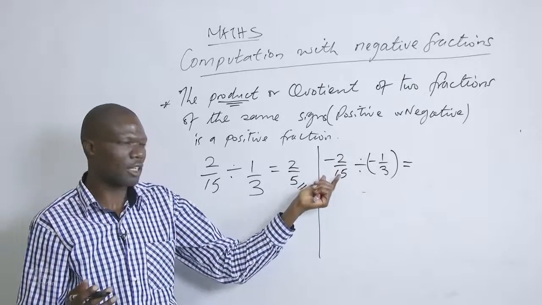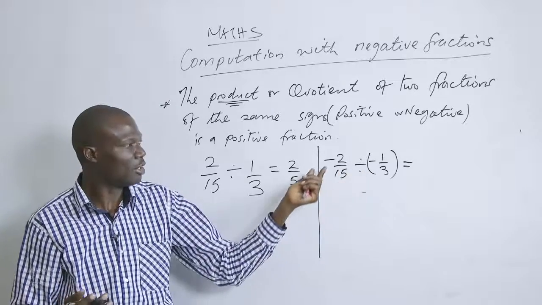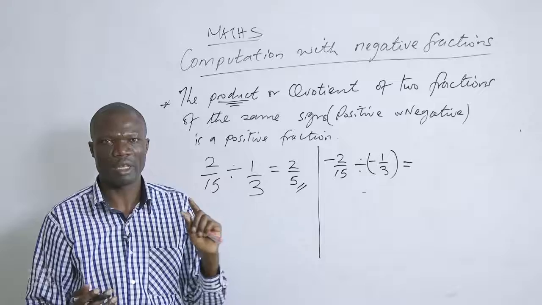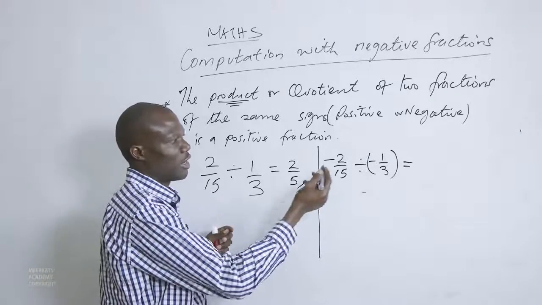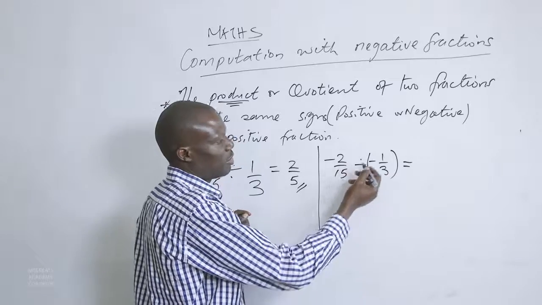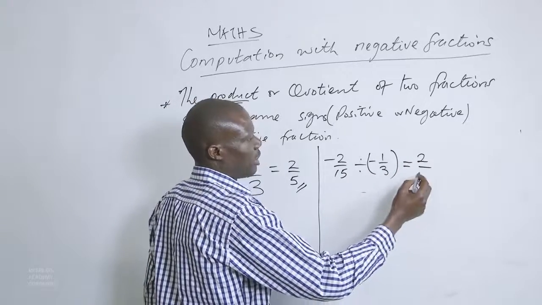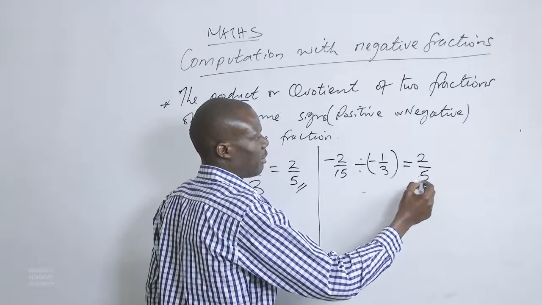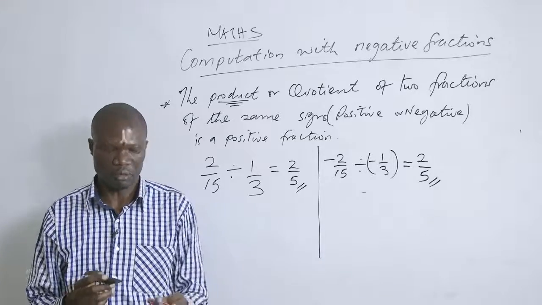We have negative 2 over 15 divided by negative a third. There are 2 negative signs, so the answer is expected to be positive. So we shall treat it like usual. Minus 2 divided by minus 1 is positive 2, and down here 15 divided by 3 gives us 5. So you'll find that our answer will be a positive fraction.